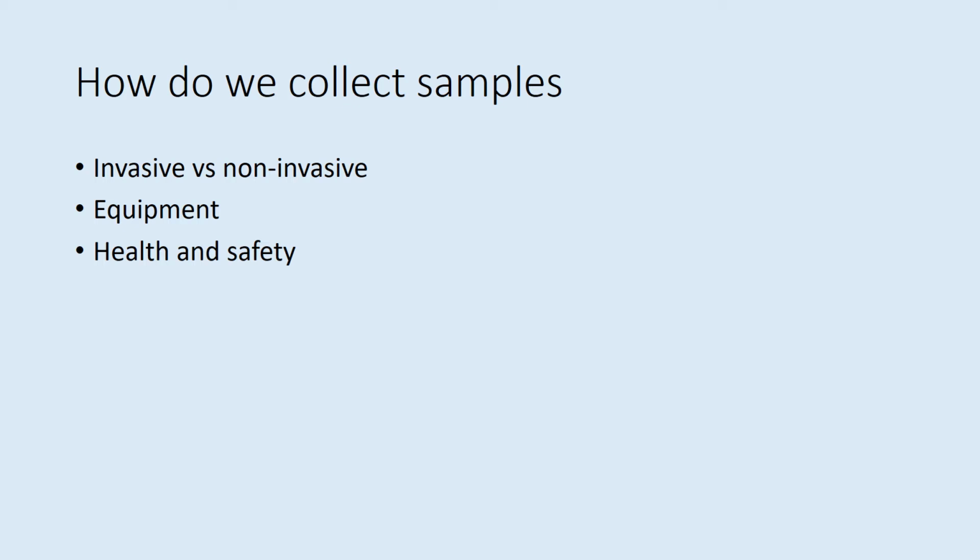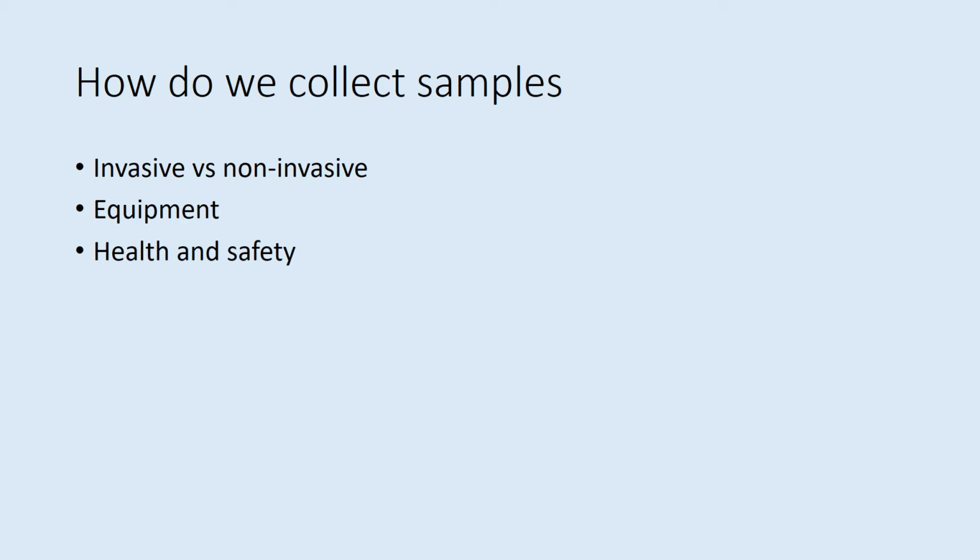We also need to make sure that we are following all the health and safety requirements. Later on, when we do go into the labs, we will do some health and safety prep with you, because that is a very important aspect of working in a lab environment. But for all of the different sampling strategies, there are health and safety risks, whether that is accidentally stabbing yourself with a needle in a blood sample, or a zoonotic risk from a contaminated sample.